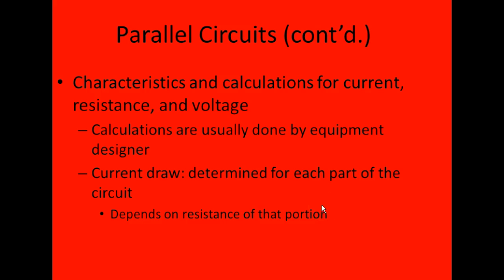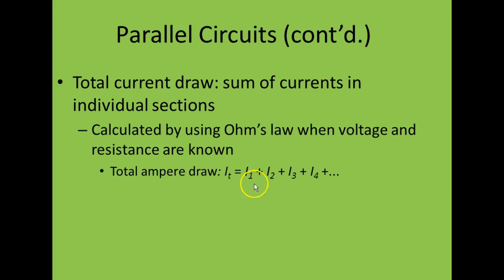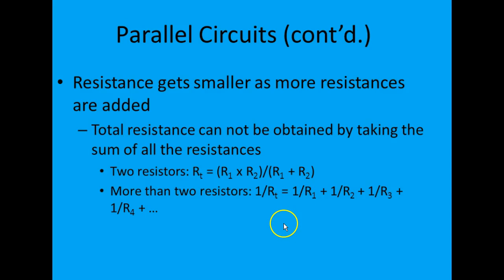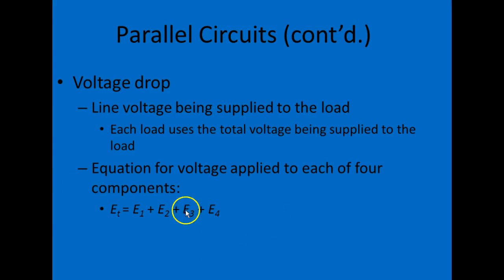And we looked at parallel flows. We look at our amp draw here. It's additive here, not equal like we saw in the series. But the voltage is the same, right? Nope, that's wrong right there. I don't know why they wrote that.